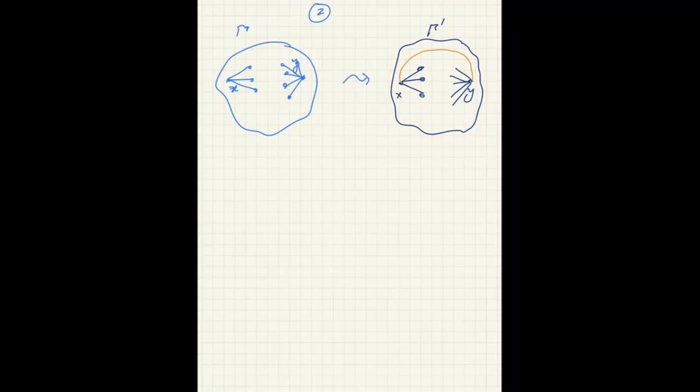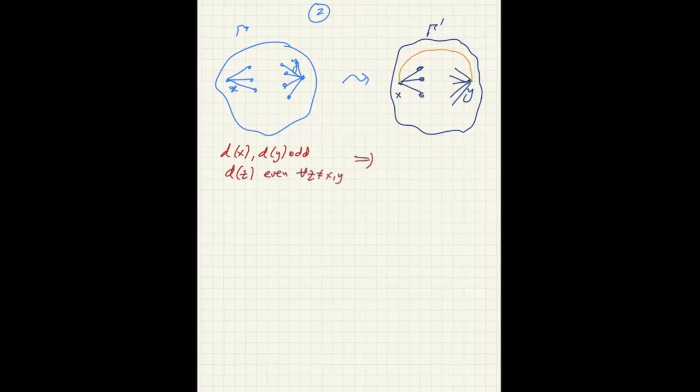So now what happens is that it's not too difficult to see that if we have our hypothesis of d of X and d of Y odd and d of Z even for any other Z, this is equivalent in the graph gamma prime to d of X and d of Y being even, and also d of Z even.